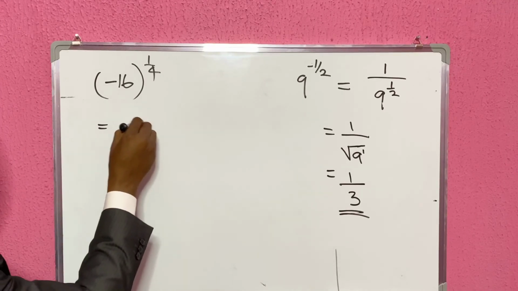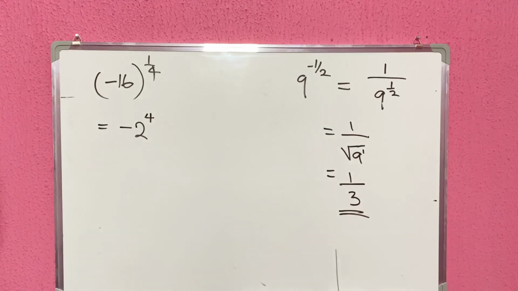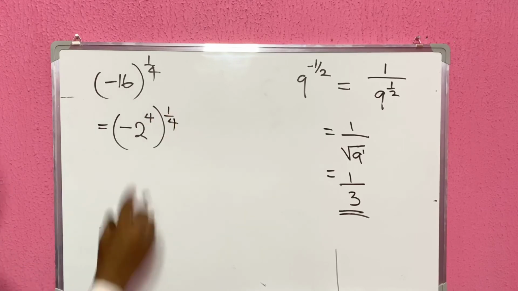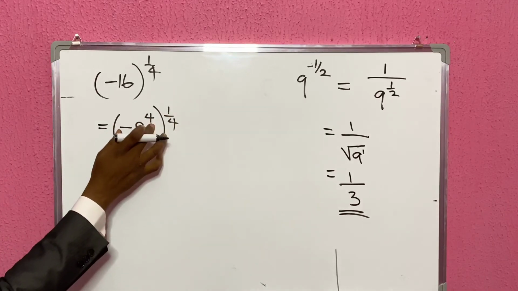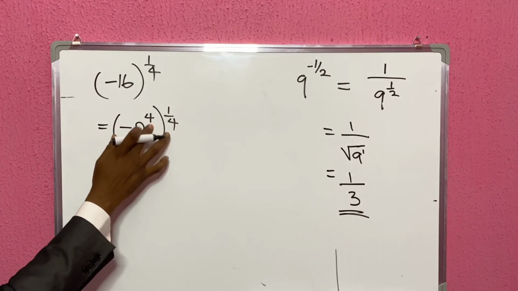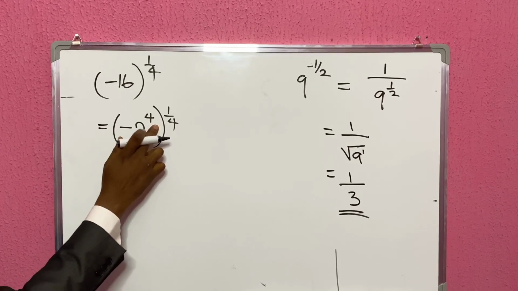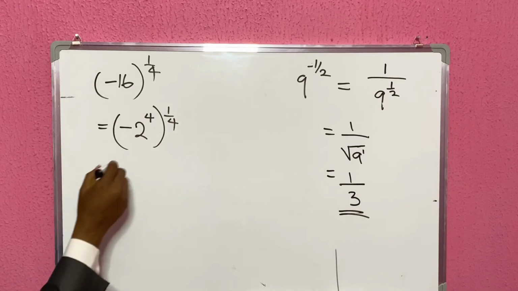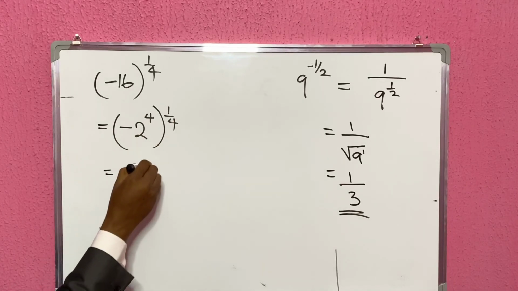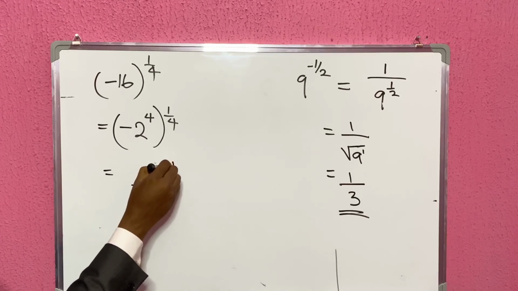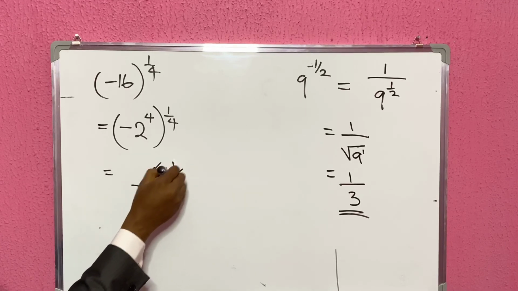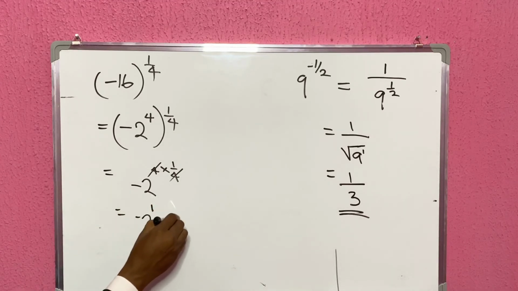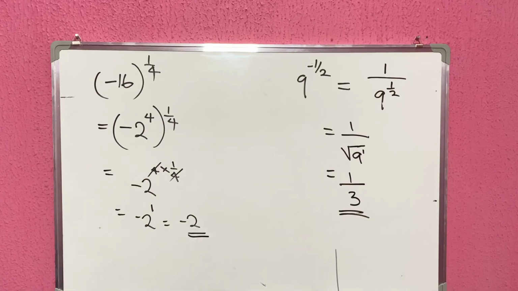That is minus 2 raised to the power 4 is 16, bracket 1 over 4. Remember how we handle the multiplication of powers. 4 bracket 1 over 4 means 4 times 1 over 4. So this means minus 2 to the power 4 multiplied by 1 over 4. So cancel, cancel, you have 1. And this means minus 2 raised to the power 1, which is still minus 2. I hope it's understood.